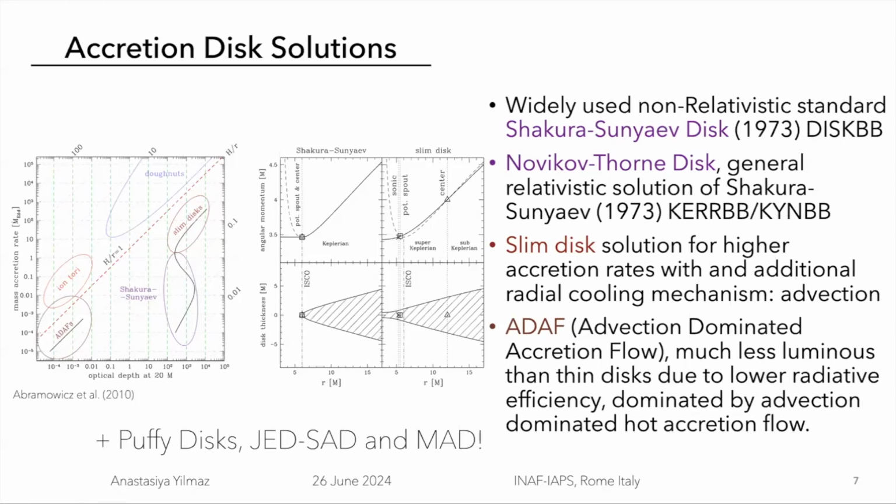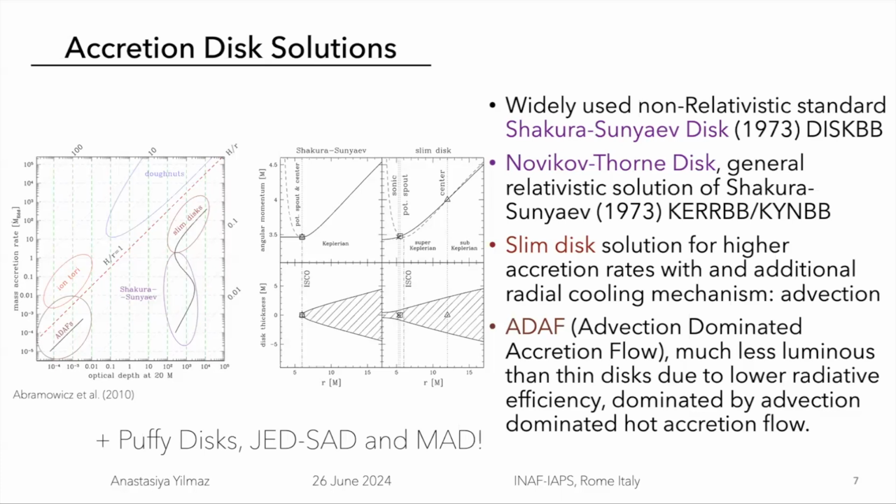And a few months after its publication, Novikov and Thorne decided, okay, let's have some general relativistic solutions of the specific Shakura-Sunyaev disk, which includes all of the calculations of the photon paths around a black hole.